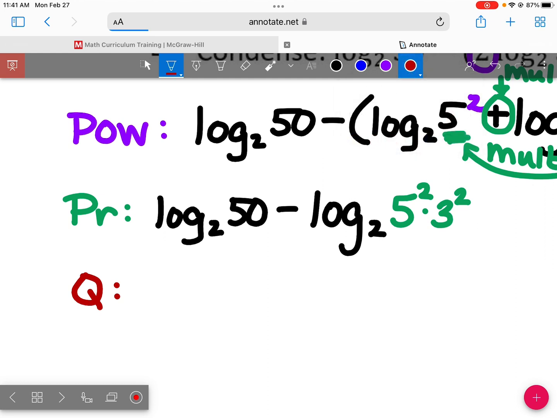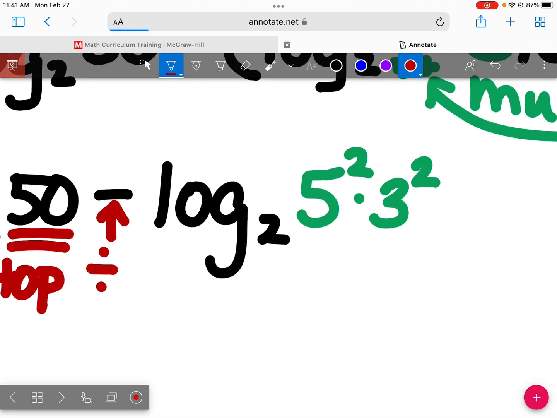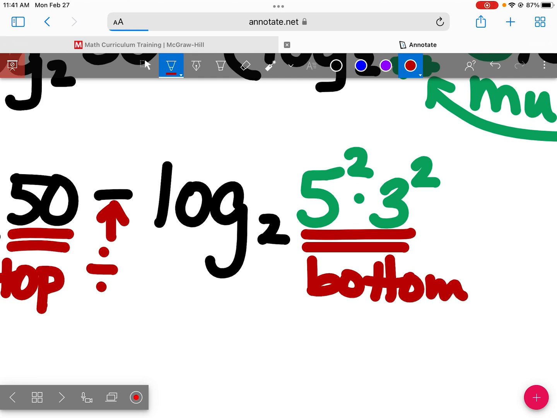Do I need the quotient step? How do you know? There's subtraction in between. When you see subtraction in between, it's going to become division when we condense. The argument that comes first will be the top of my fraction. The argument that comes second will be the bottom of my fraction.